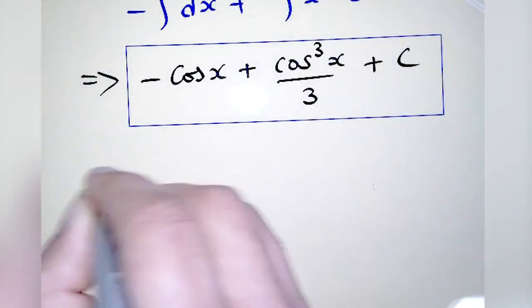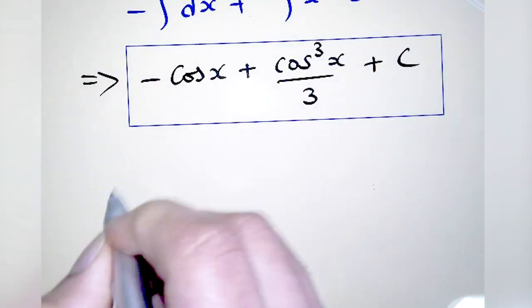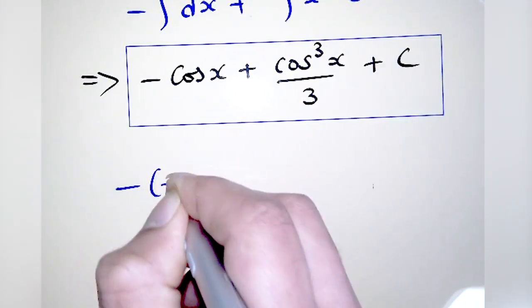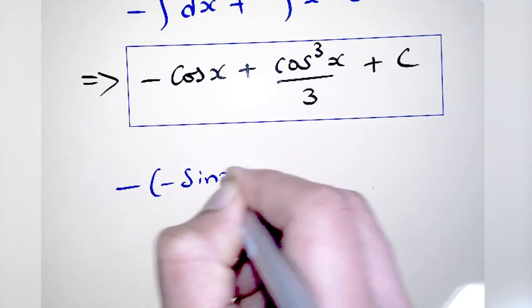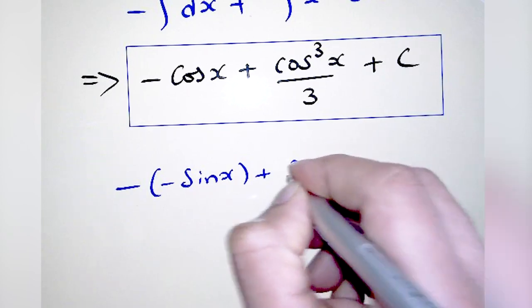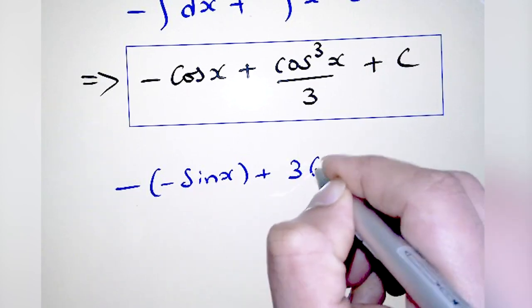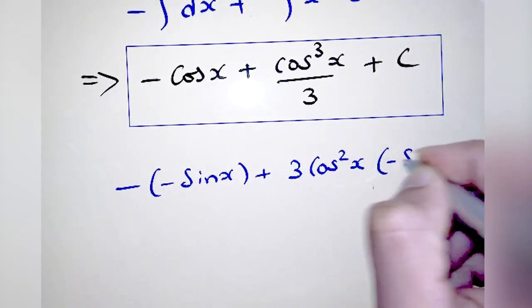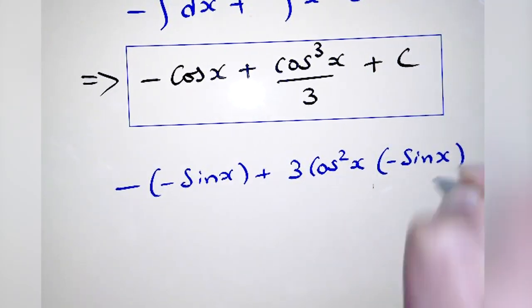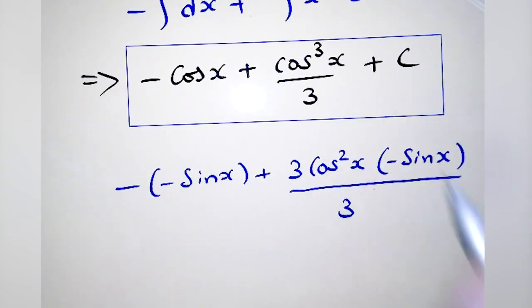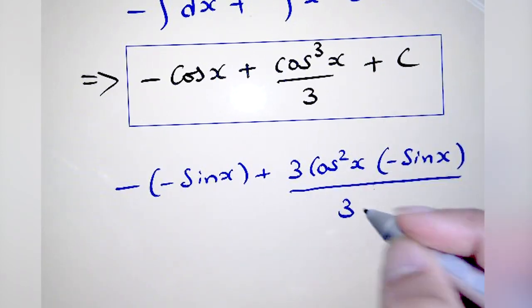So if I differentiate minus cos x, it is going to be minus of minus sine x. And the cos cube x derivative is 3 cos square x, and the derivative of cos x is minus sine x because this is a chain rule, divided by 3. The derivative of the constant is simply 0, so I'm not going to write that.